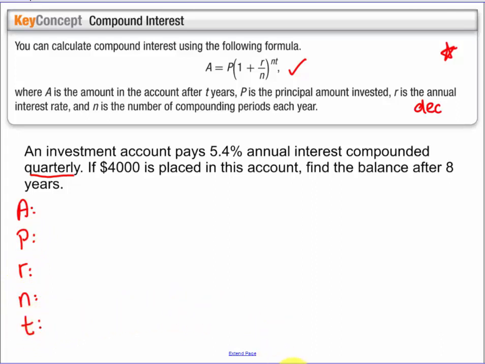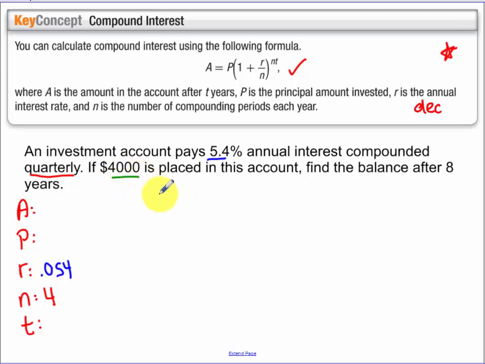Okay, so looking at the problem, they're giving me 5.4% compounded quarterly. So our rate is 0.054. Compounded quarterly, that's 4 times a year. So N is the number of times a year, N is 4.